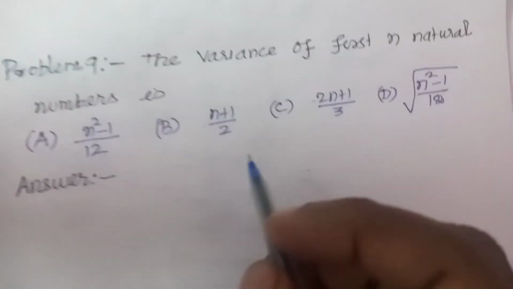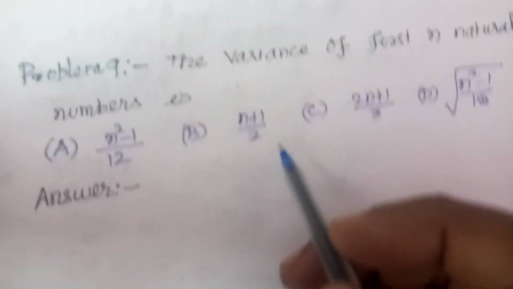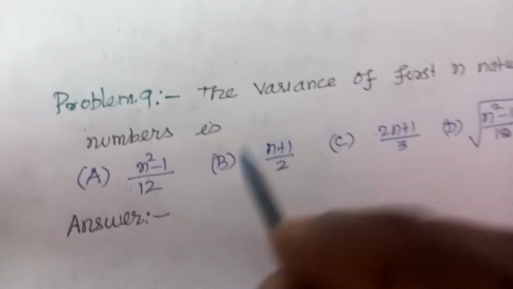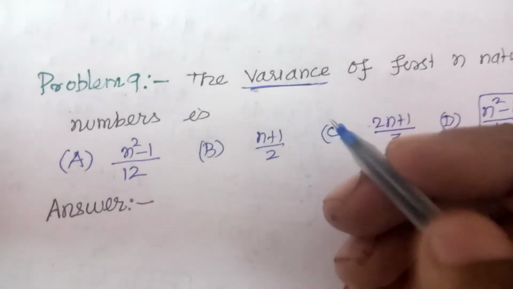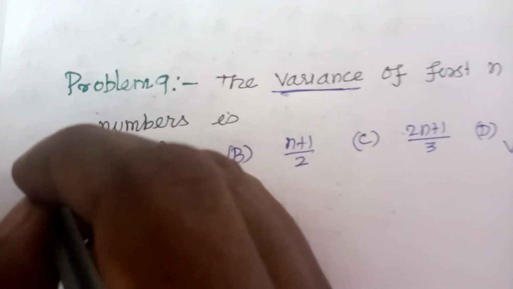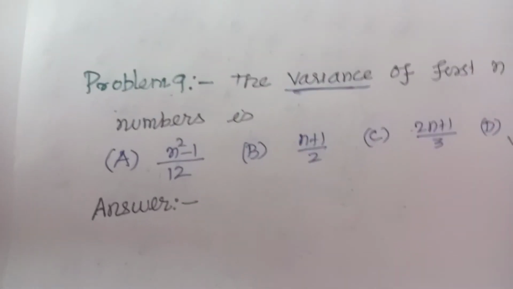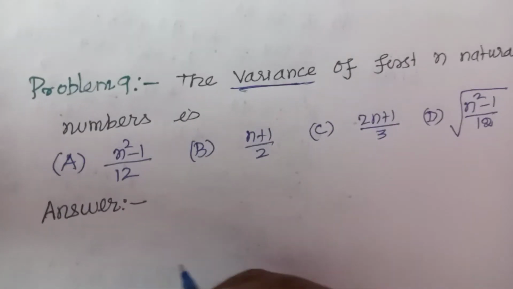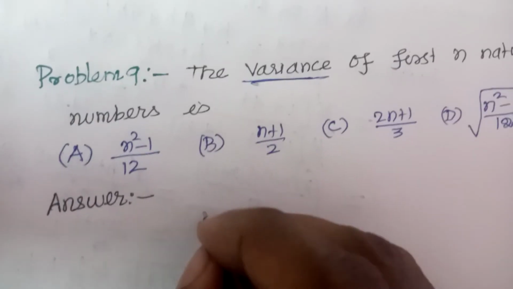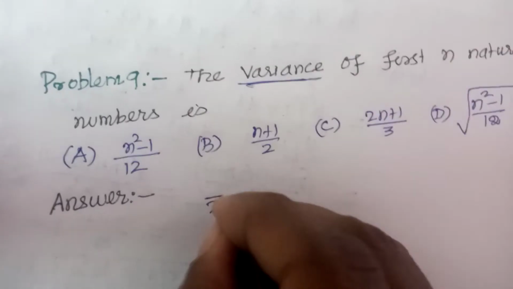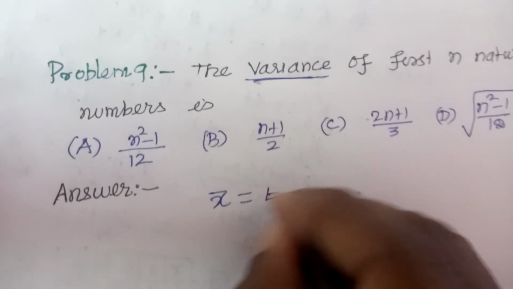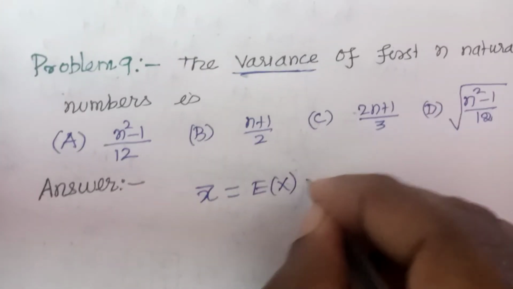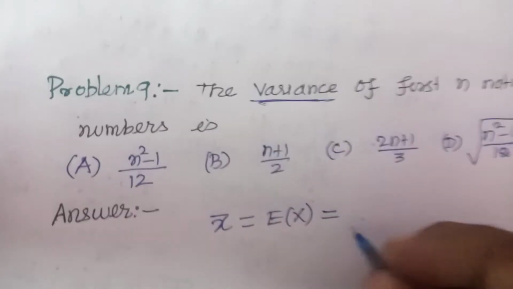Next, problem number 9. The variance of the first n natural numbers is, which is also one of the TRB asked questions. We know the mean of n natural numbers; mean is nothing but the expectation of x, E of x.